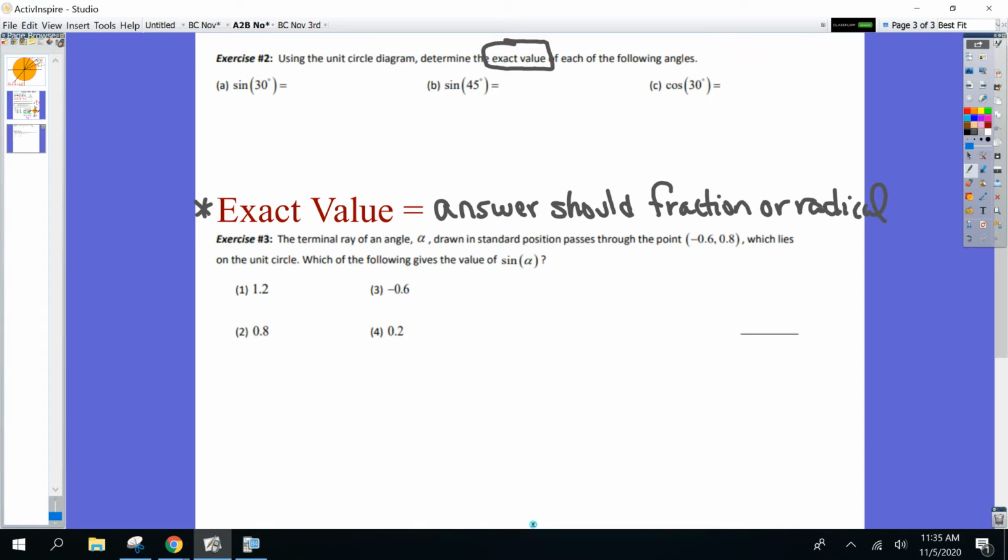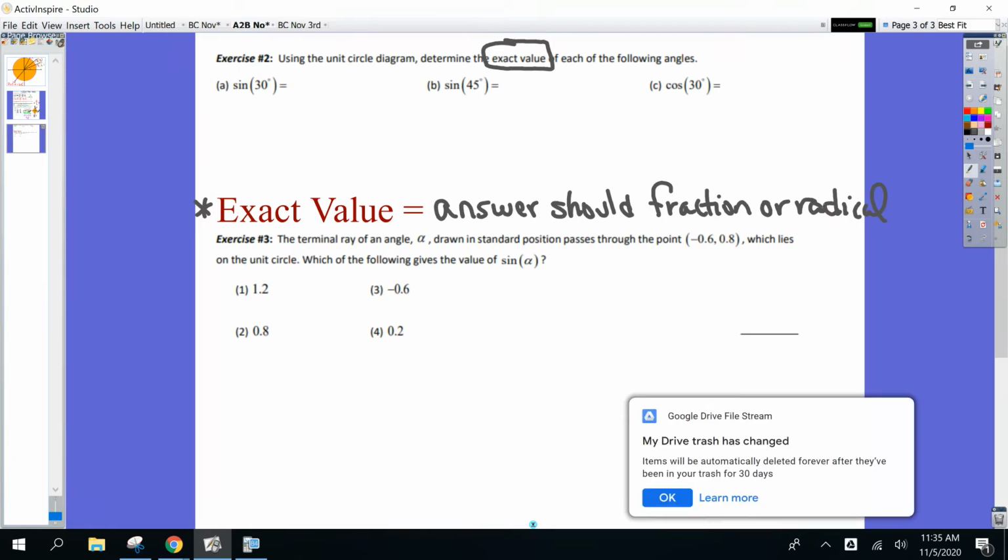If you see exact value in the directions, your answer should be in the form of a fraction or a radical. What is not up there? A long, sloppy decimal. I do not want a decimal ever as the final answer, just a fraction or a radical.